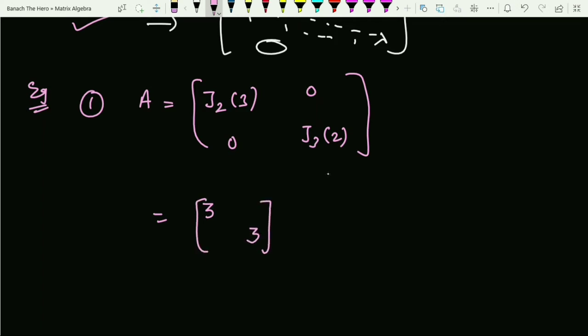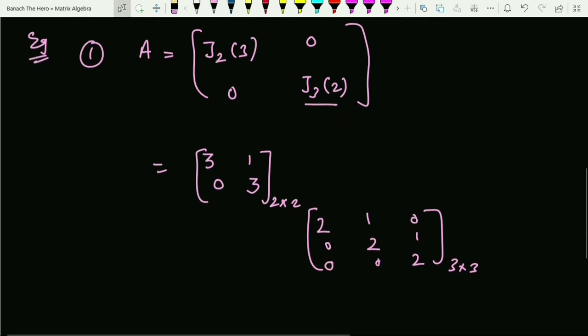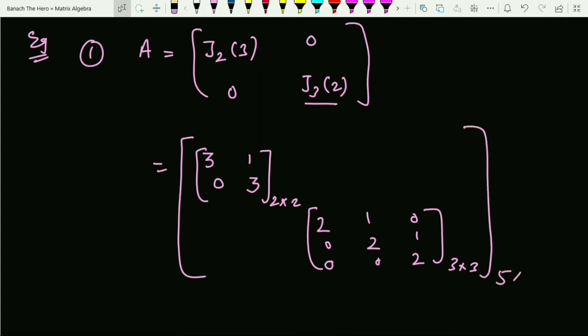And as we have learned above, in the super diagonal it will be 1, the other side it will be 0. Fine. Similarly, what is J_3(2)? This is a matrix of size 3 cross 3, where the diagonal entries will be 2, 2, 2, and the super diagonal will be 1, 1, rest others will be 0. So the size of the A matrix is 5 cross 5, where the other entries are 0, right?